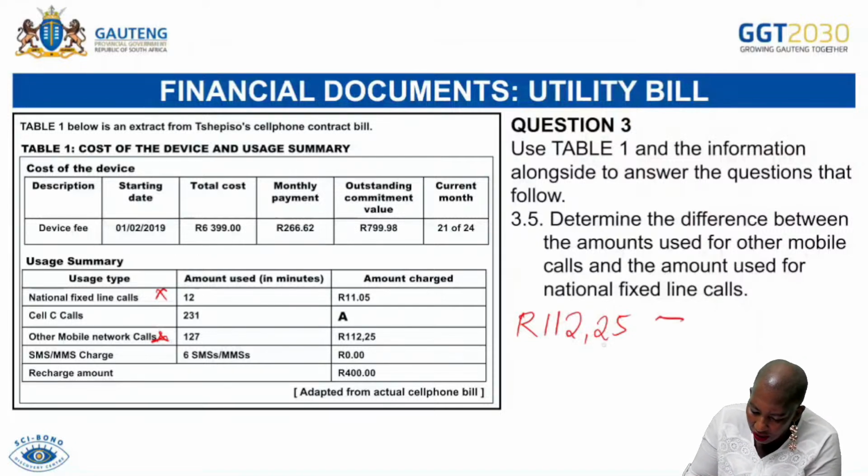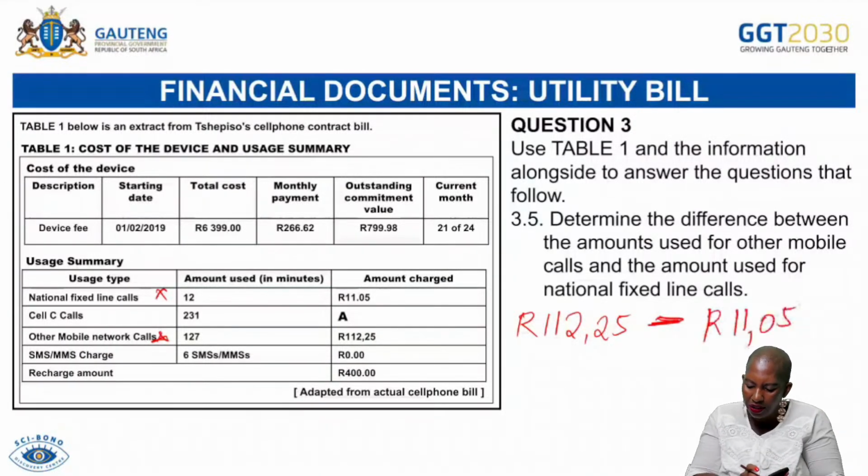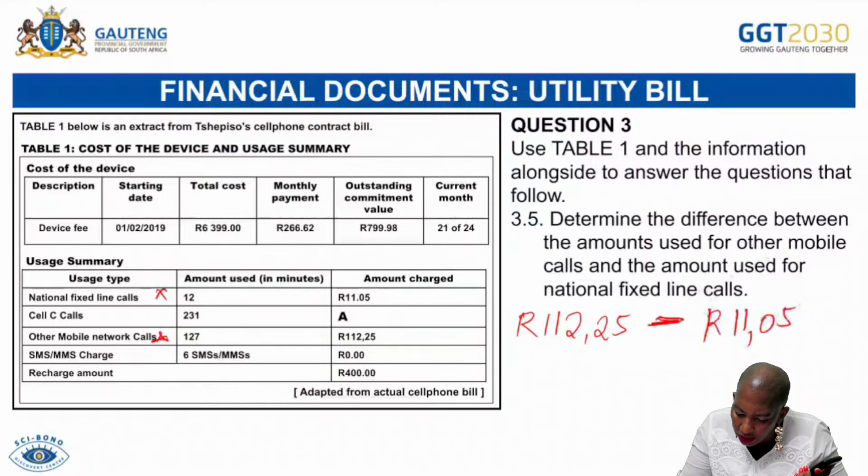Now what we have to do, it says determine the difference between the amount used for other mobile calls and the amount used for national fixed line calls. So amount used for fixed line calls, it will be 11 rand and 5 cents. So quickly the difference there will be, oh, this is the amount charged here. It says the amount used.